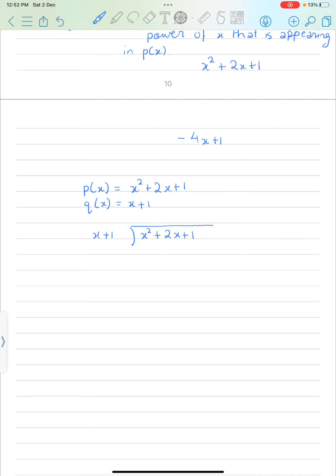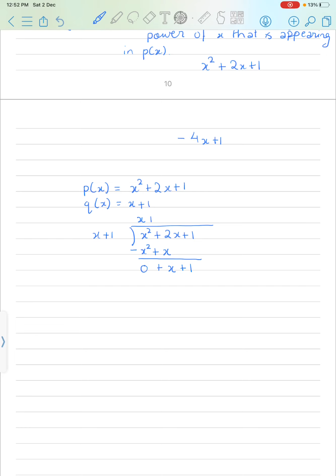If you want to cancel out x square, you take x here. Then x into x will be x square, and 1 into x will be x. If you subtract, x square minus x square is 0, and 2x minus x will be x, plus 1, so it will be x plus 1 again.